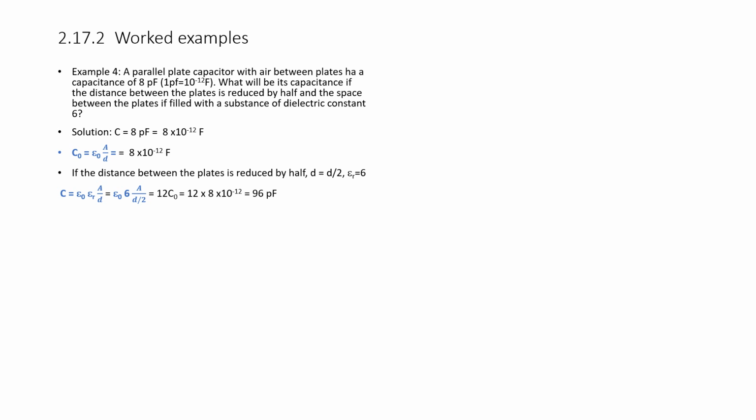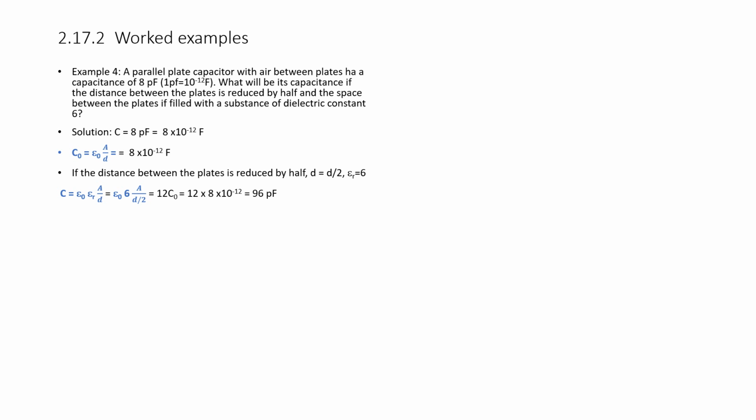We know the formula C naught is equal to epsilon naught into A by D. C naught is the capacitance in air and epsilon naught is the permittivity of air. Hence, this is also given as C naught equals 8 into 10 to the power of minus 12 F.